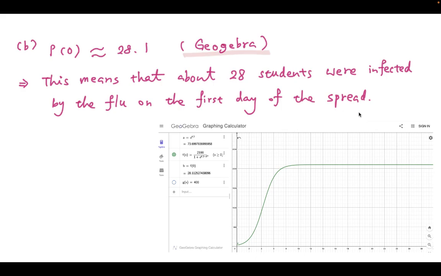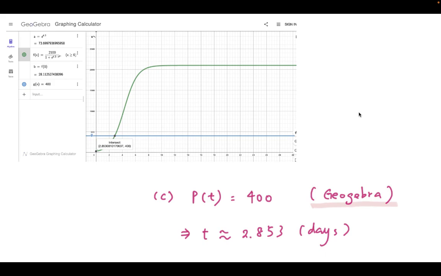So that's part B. Okay, here is part C. So we're asked to find the days it will take for a total of 400 students to be infected.